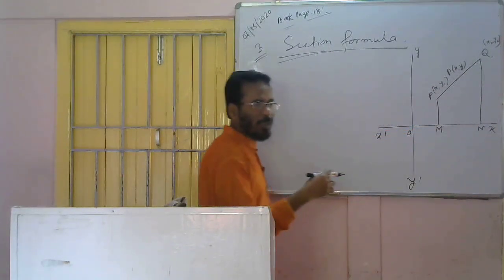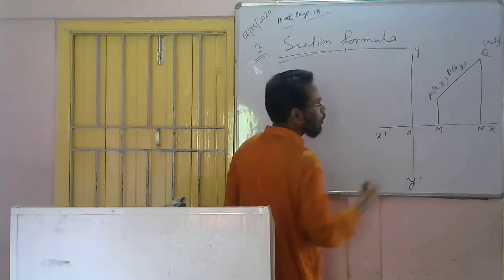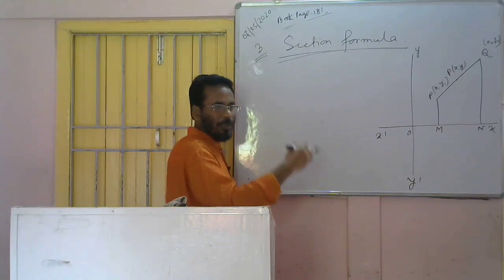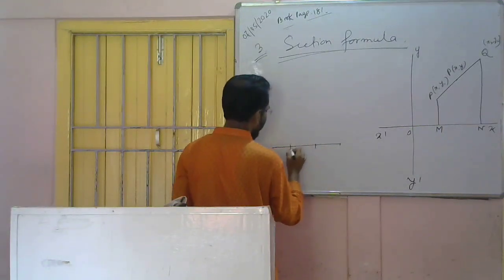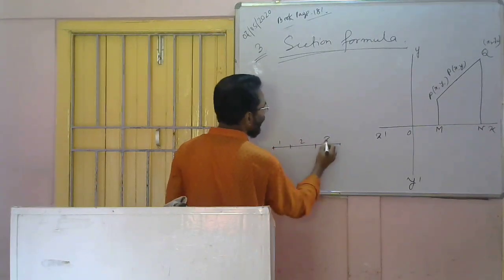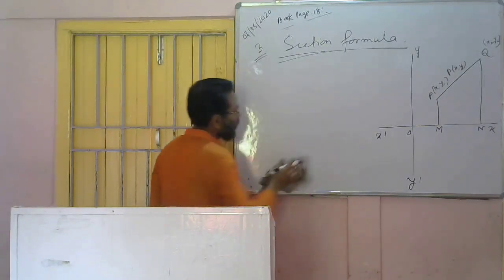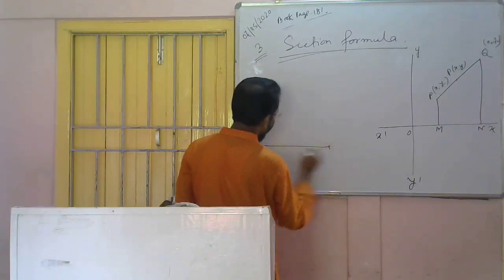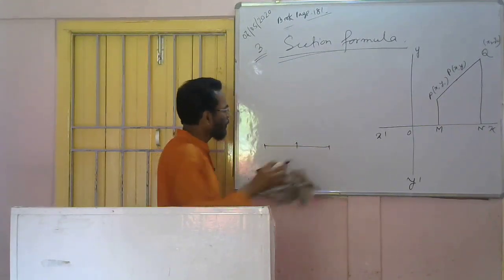If you measure 3 parts, suppose, it is a trisection: first part, second part, third part, 1, 2, 3. If we divide equally, then it is 2 equal parts, like this.